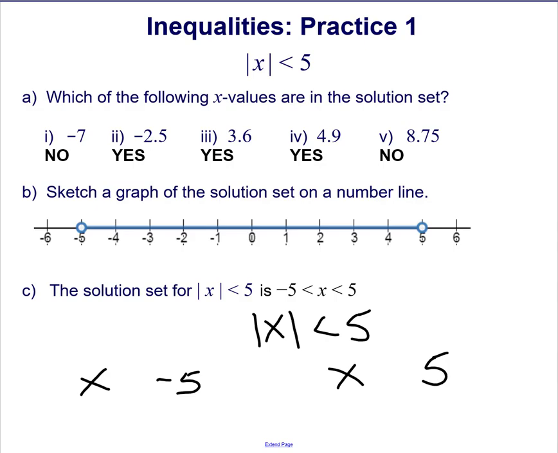Now here, the less than symbol just translates down for the positive value, but for the negative value, I reverse and I go from less than to greater than. So my two solutions are x is greater than -5 and x is less than 5. And then we can combine these two into one inequality where we can say x is greater than -5 and at the same time less than +5.